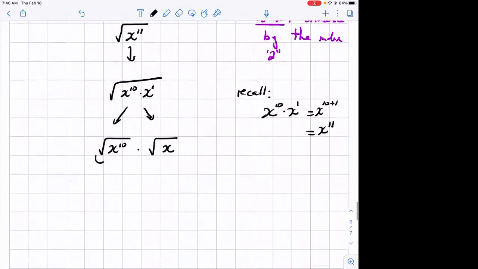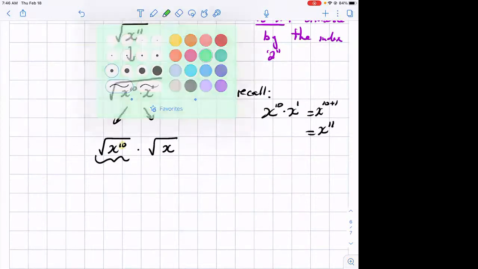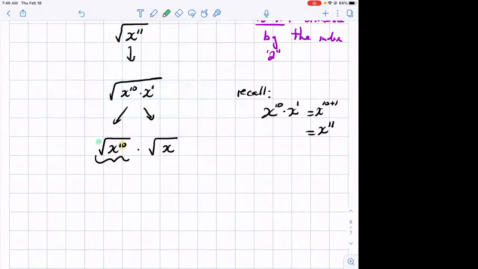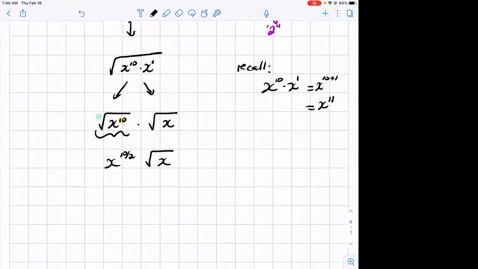And the square root of x to the 10, because this radicand power is now divisible by this index of 2, becomes x to the 10 divided by 2, times the root of x. And 10 divided by 2 becomes x to the 5th root x.